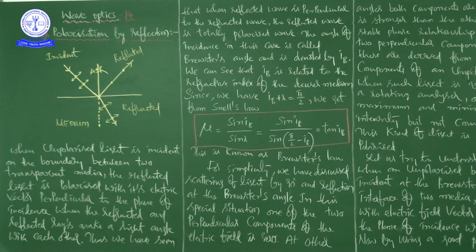And here we have drawn a situation where the reflected wave travels at right angles to the refracted wave. So the angle between these two is 90 degrees. Keep in mind, here the angle between the reflected and refracted wave is 90 degrees.